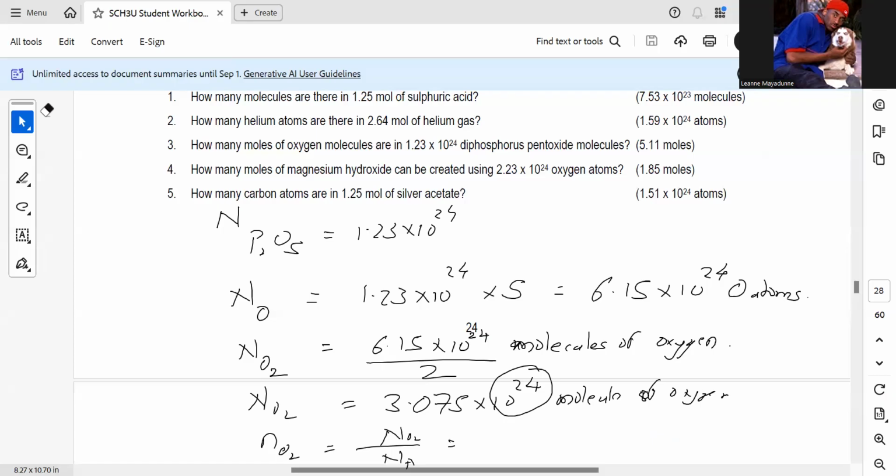I divided 3.075 divided by 6.022 into 10 raised to 23. Oh, okay. So you should get 0.511 into 10 raised to 1 mole. That will come to 5.11 moles.